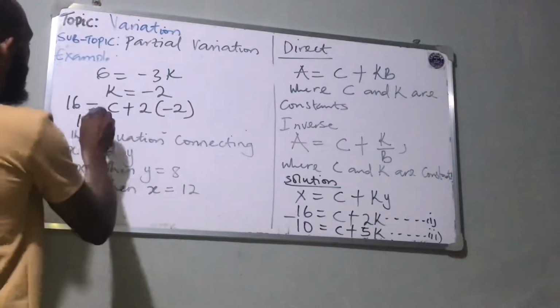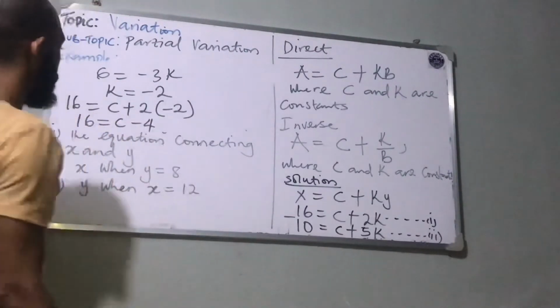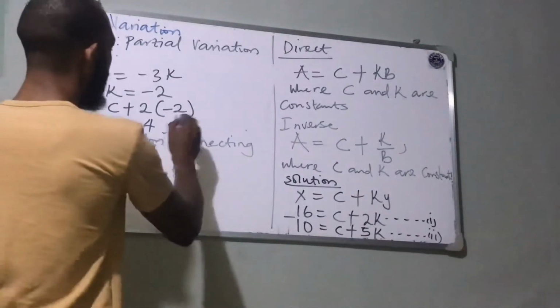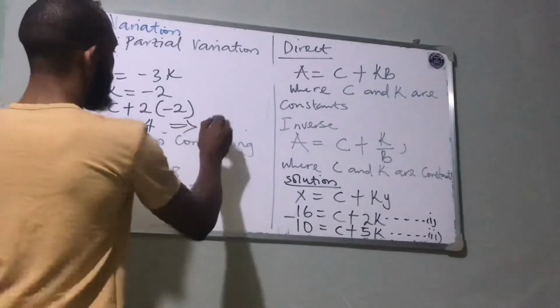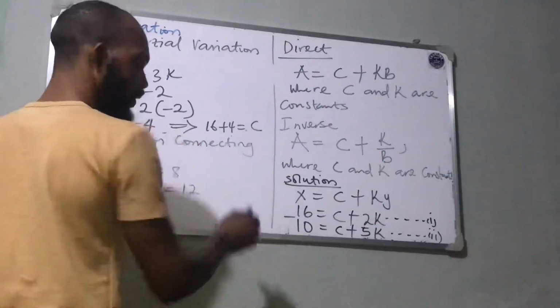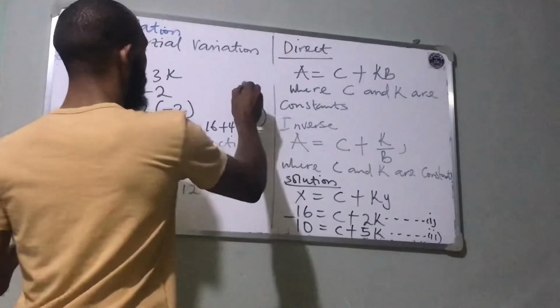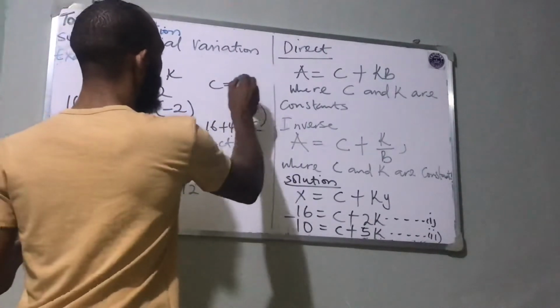So we have 16 is equals to C minus 4. This implies that 16 plus 4 is equals to C, and that leaves us at C equals 20.